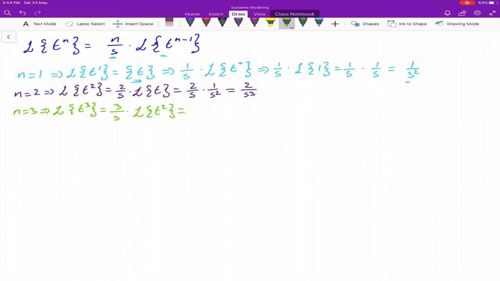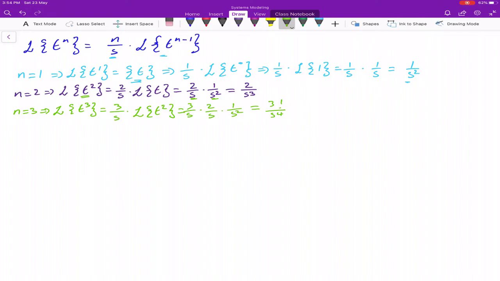Remember we found our t squared: it is 2 over s times 1 over s squared. So this is 3 over s times 2 over s times 1 over s squared. This can be written as 3 factorial over s to the fourth.